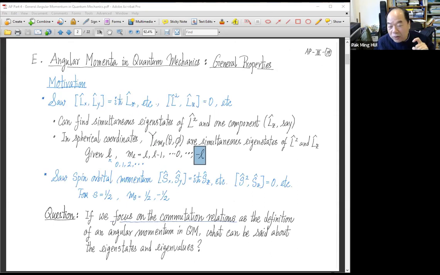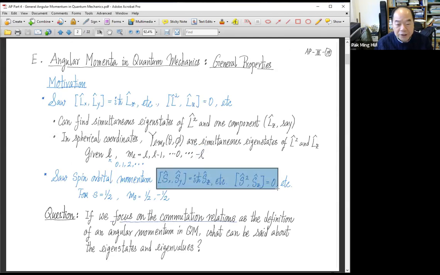Last term, you also did a lot of spin, electron spin. Again, you have seen that there are 6 commutation relations, very similar, just the symbol L becomes S, otherwise they are identical. So you have 6 identical commutation relations.